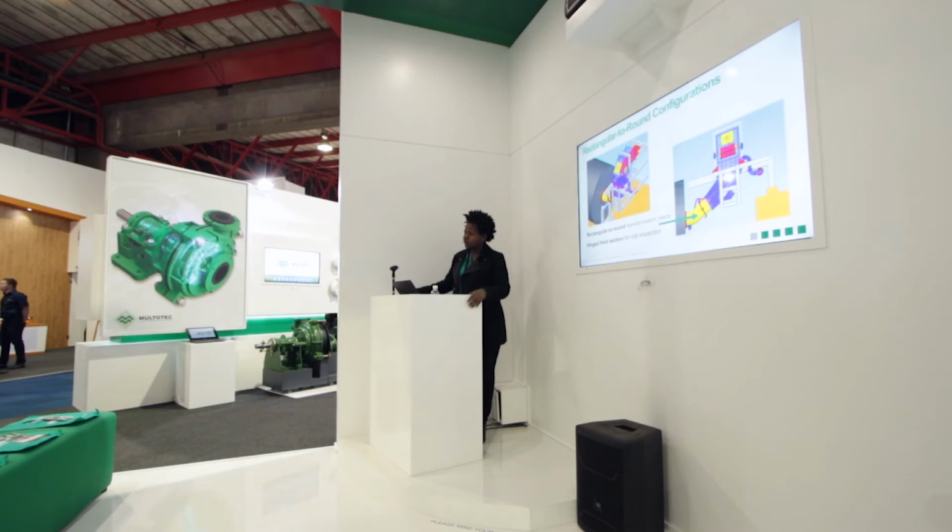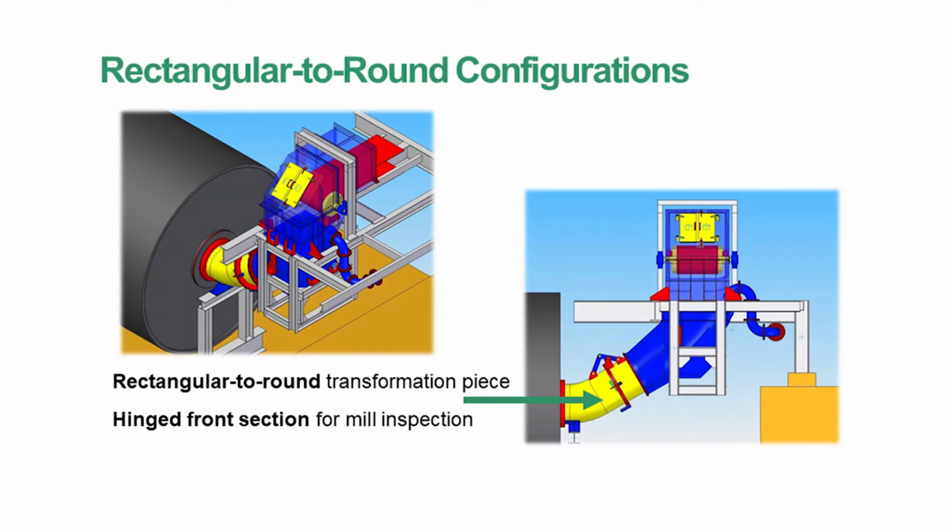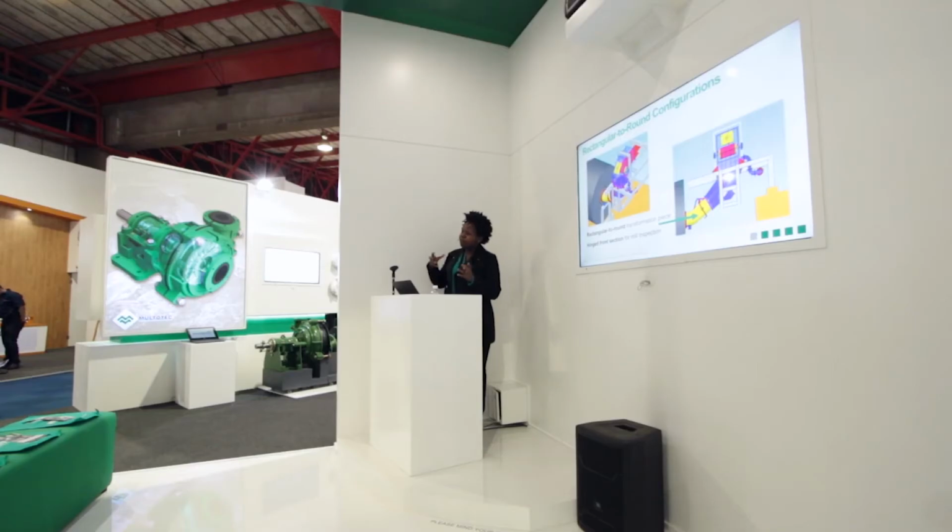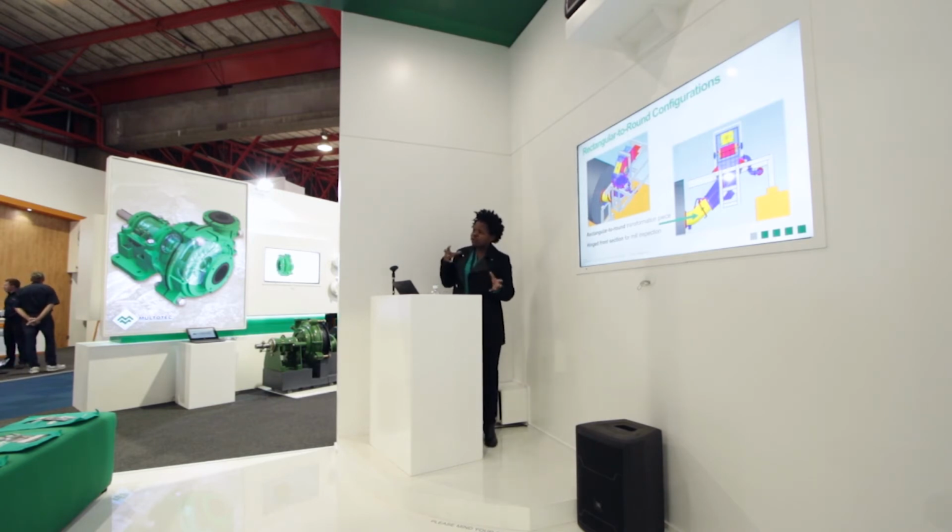If it's rectangular, the wear is going to be greater. But if you have a round configuration on the chute, it's going to be helpful in minimizing the wear on the steel and also on the lining. So in cases where the rectangular design is inevitable, you want to have that option of transforming from your rectangular to the round.